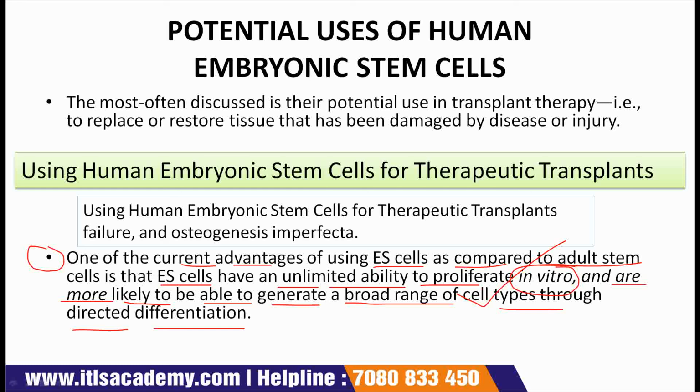The potential disadvantages of the use of human embryonic stem cells for transplant therapy include the propensity of undifferentiated embryonic stem cells to induce the formation of tumors, because it is the undifferentiated cells rather than their differentiated progeny that have been shown to induce teratomas, that is, tumors.